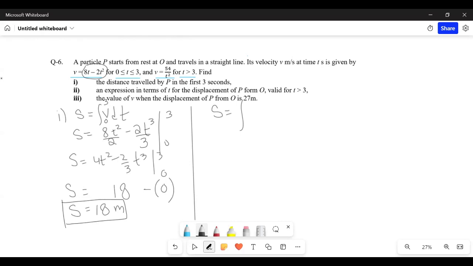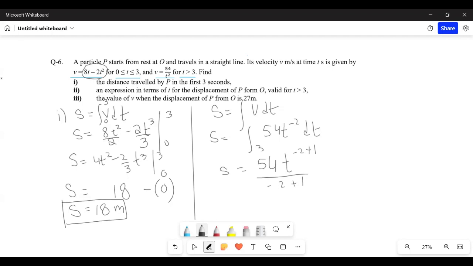So let's integrate that. 54 t power minus 2. This is what we have to integrate. So it's going to be 54 t power minus 2 plus 1 over minus 2 plus 1. And we don't know the limits this time.